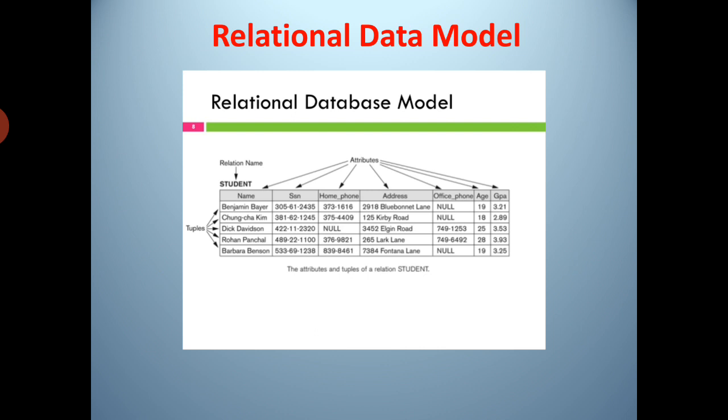The most commonly used data model is the relational data model. In the relational data model, tables are called relations that store data for different columns. Each table can have multiple columns where each column name should be unique.